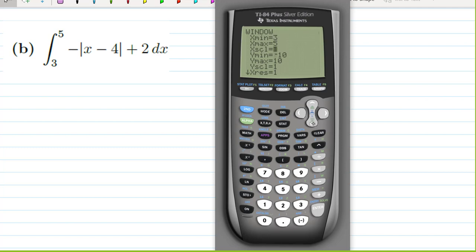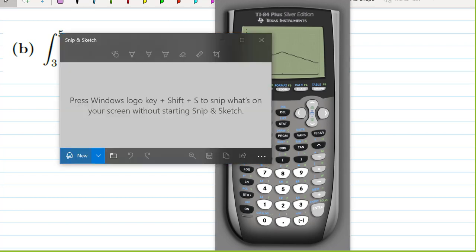And let's change our y min to 0, and let's change our y max to, say, 4. And then let's scale it in 0.25s. So I get something that looks like this right here, and we want to find its area.